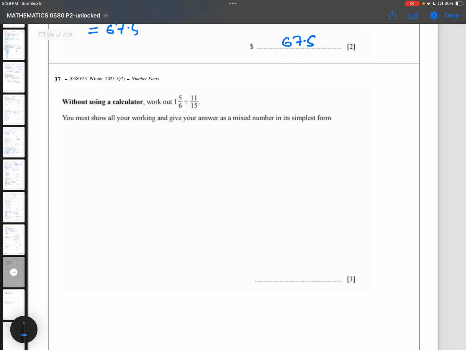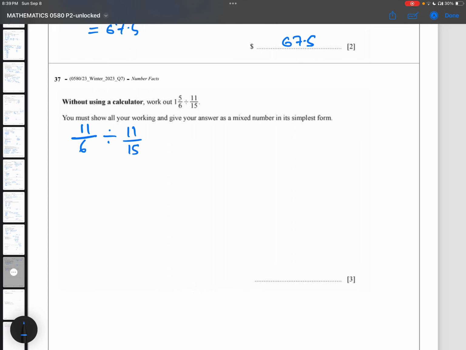Question number 37. Without using a calculator, work out 1 whole 5 upon 6 divided by 11 upon 15. You must show all your working and give your answer as a mixed number in its simplest form. So first, convert this mixed fraction into improper one. 6 into 1 is 6 plus 5, 11 upon 6, divided with 11 upon 15.